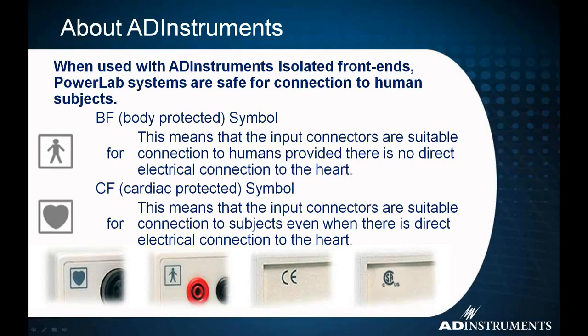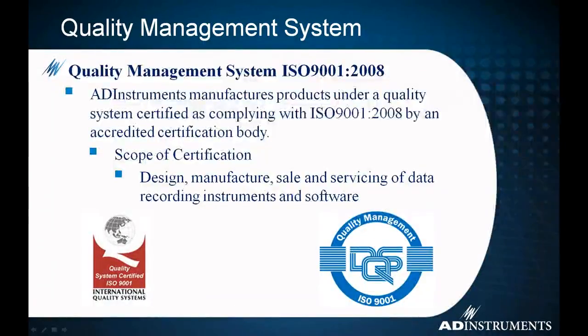They're electronically isolated, so there's no risk of actually getting mains power to the subject. Definitely be sure, before you connect to either a student or a test subject, that you have this approval emblem. And of course, there's the direct cardiac connection that's capable as well. That's the little heart in the box.